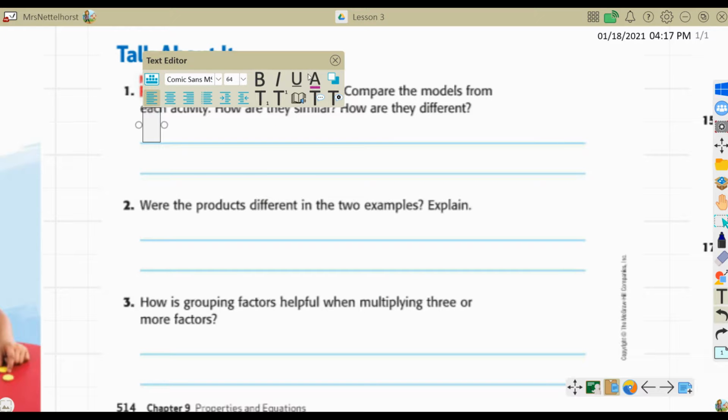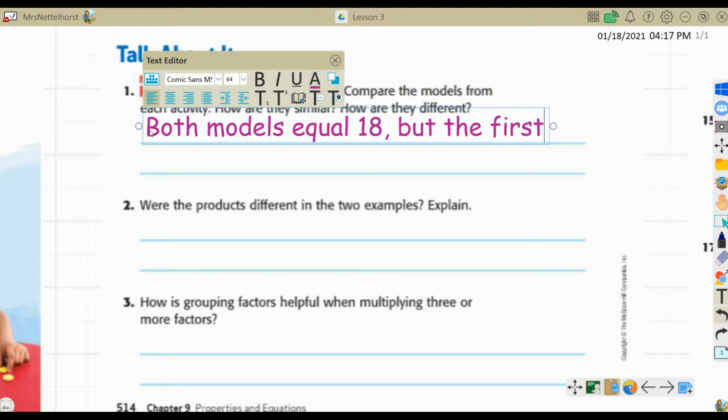So both models, I'm going to use words from my question. Both models equal 18. But the word both tells me that they are the same. The word but tells me I'm going to talk about how they are different.